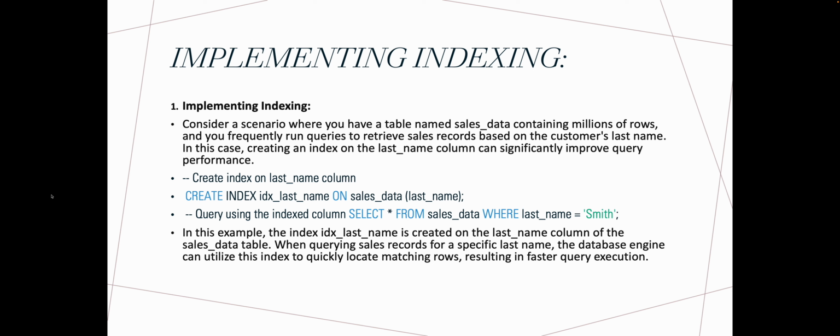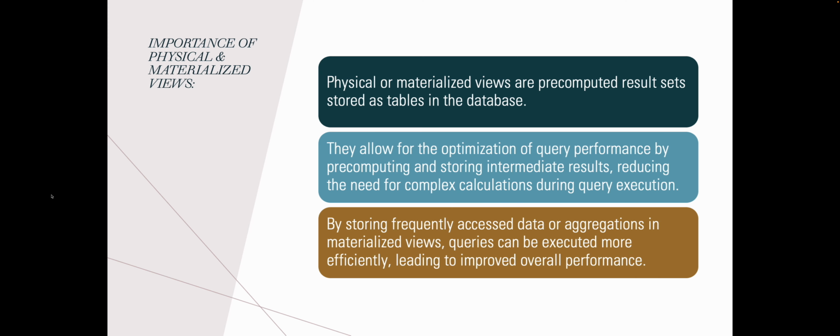This is the code for what we would do, and the index we're creating is going to be pulling sales data with the last name Smith. Because we have this saved and we're creating this index, it's going to result in faster query execution.